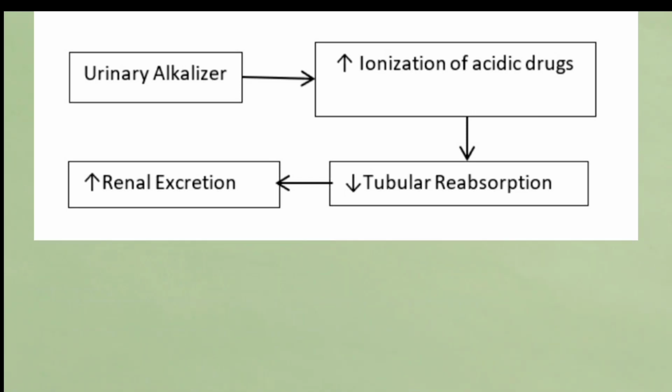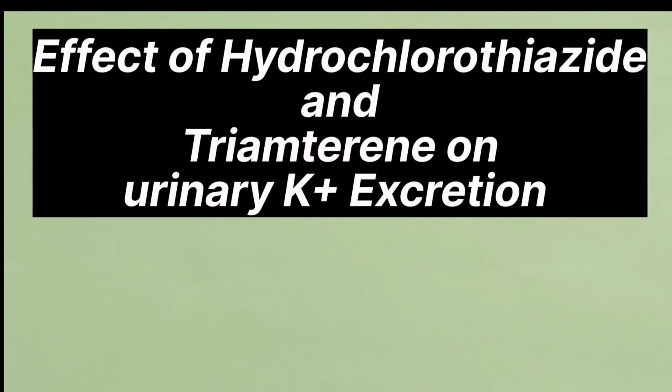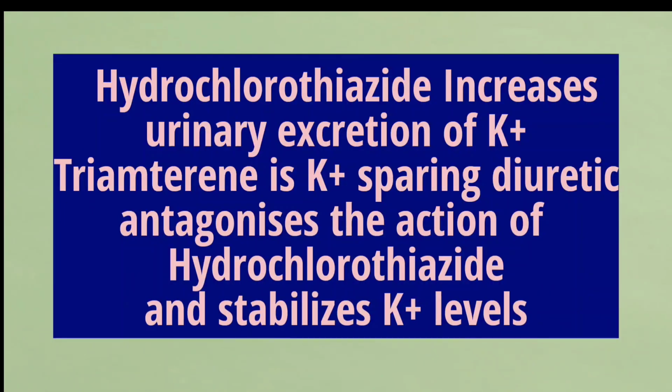Next example, the effect of hydrochlorothiazide and triamterene, a potassium-sparing diuretic, on urinary potassium excretion. Diuretics such as hydrochlorothiazide increase the excretion of sodium, potassium and chloride ions and cause hypokalemia because of increased urinary excretion of potassium ions.